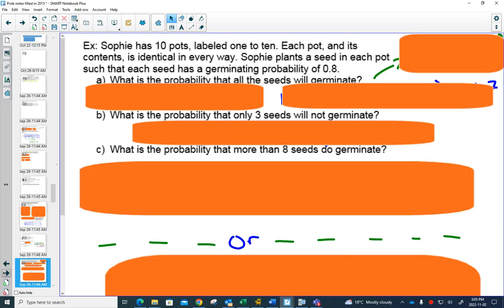Right? So if she planted them and she saw that all 10 of them grew, that's a good thing. But how lucky was she? Super lucky? Or does this happen to a lot of people? And you always have that, right? It's like, oh, you got your assignment back, and you're so excited. You got 9.5 out of 10.